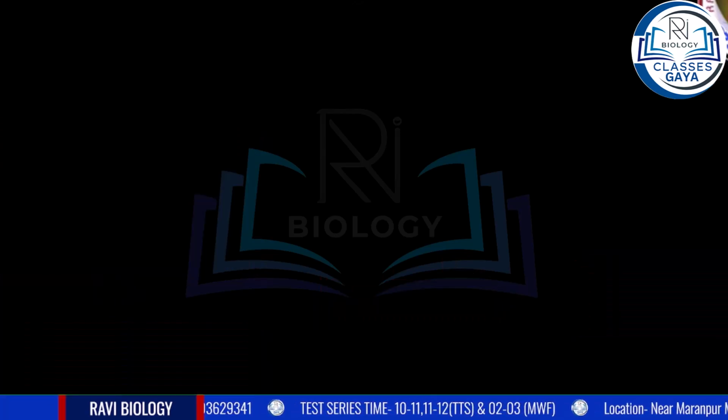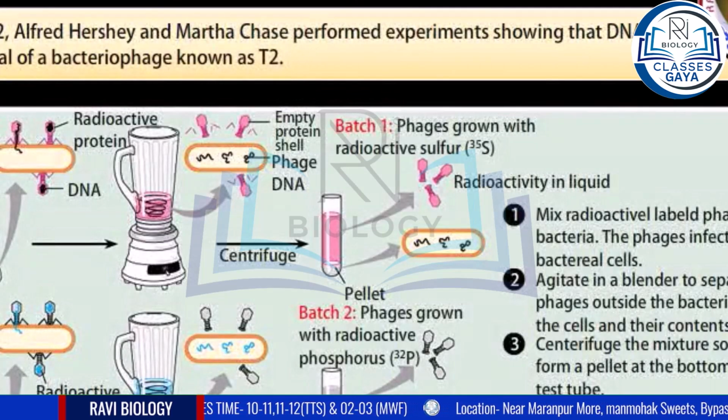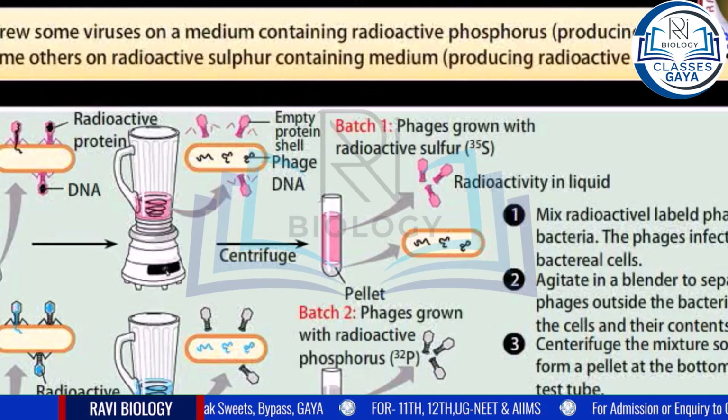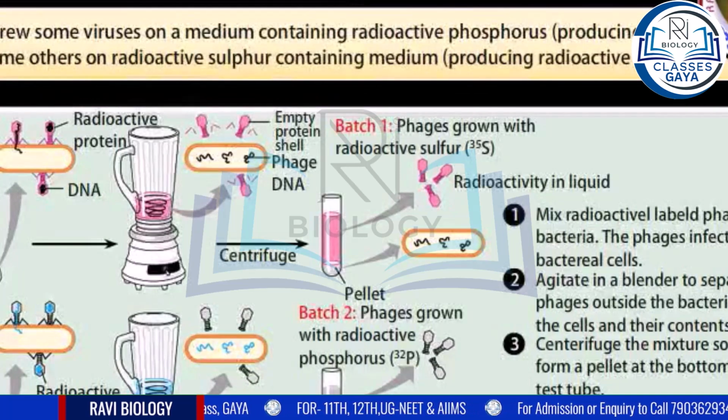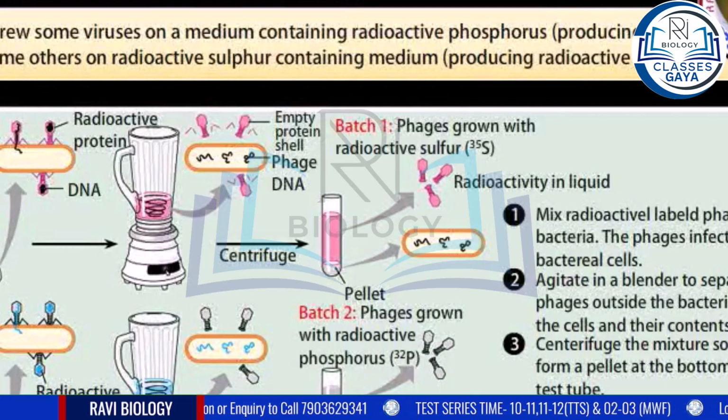Hershey-Chase experiment. In 1952, Alfred Hershey and Martha Chase performed experiments showing that DNA is the genetic material of a bacteriophage known as T2. They grew some viruses on a medium containing radioactive phosphorus, producing radioactive DNA, and some others on radioactive sulfur containing medium producing radioactive proteins.